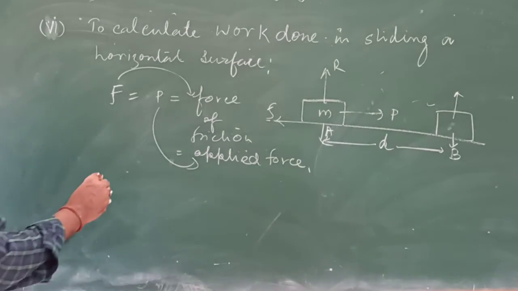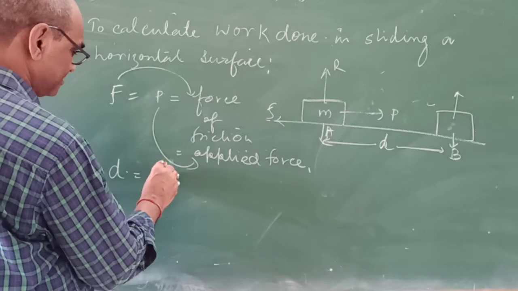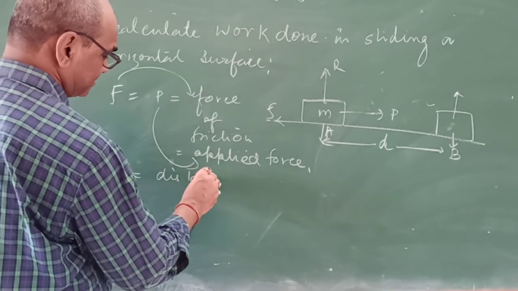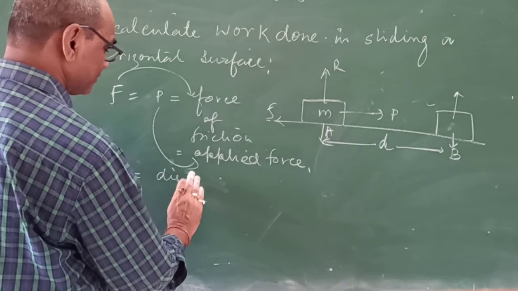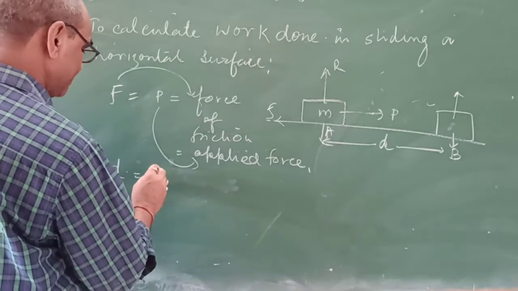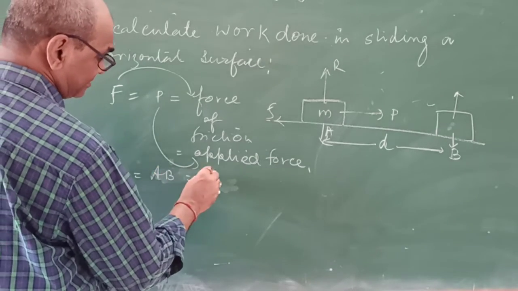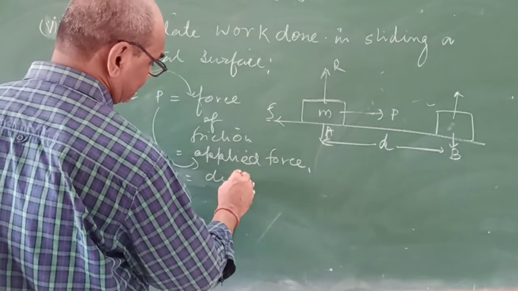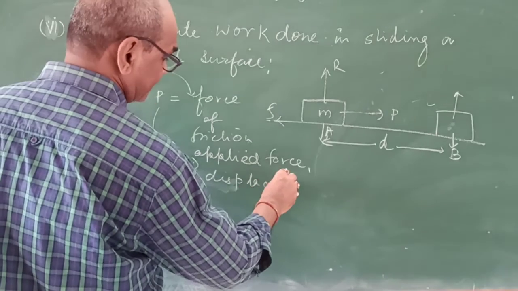The distance d is the displacement from A to B. AB is equal to the displacement.